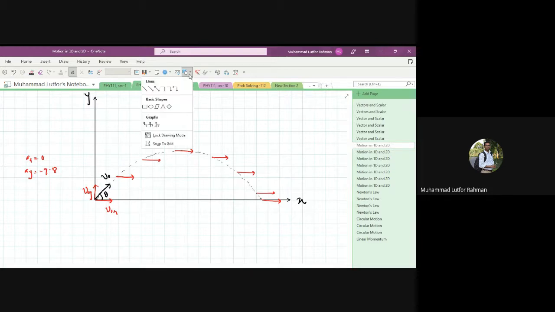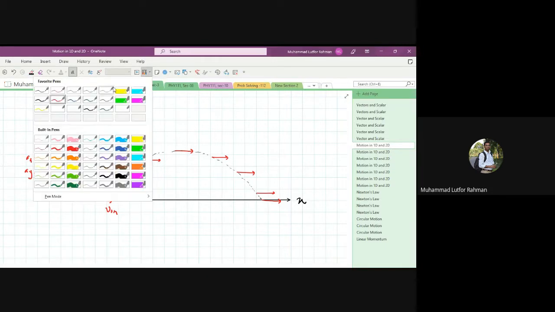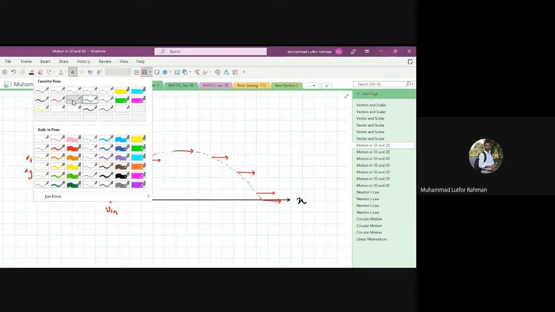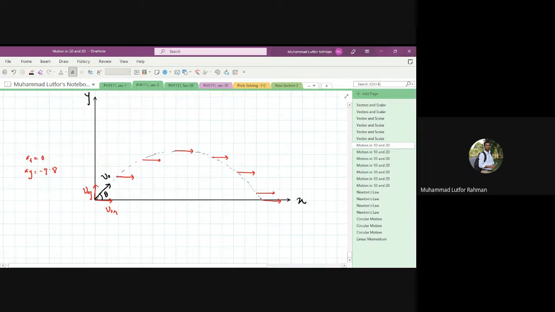Now I'm going to draw vy with a different color, say green or blue. Now the vy component, when it's moving in the upward direction, gradually decreases, right? And at the top point, vy must be equal to 0. This is one more characteristic of this motion.